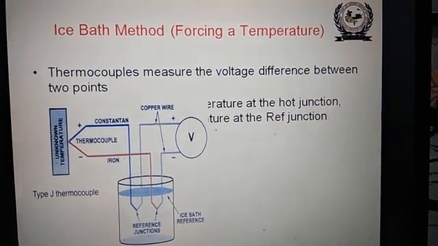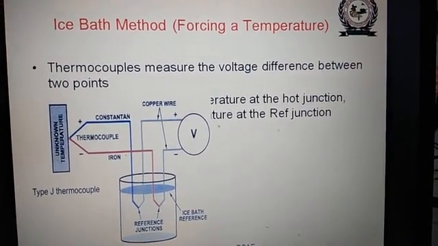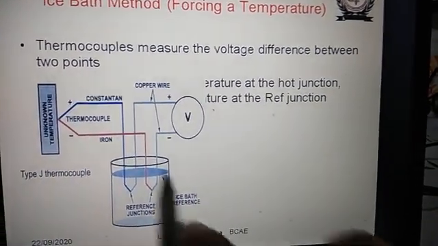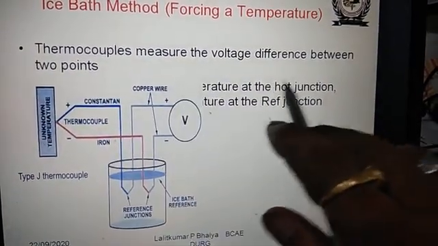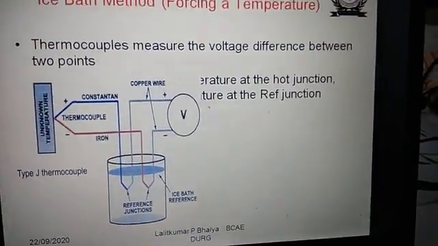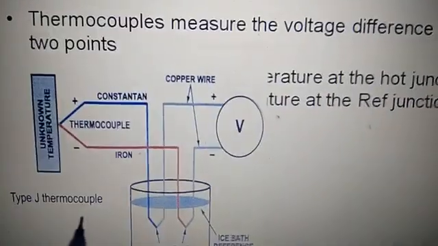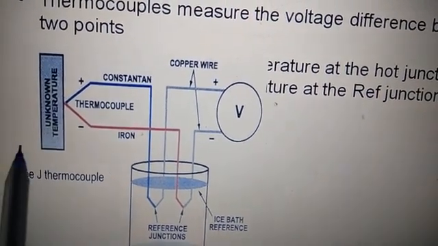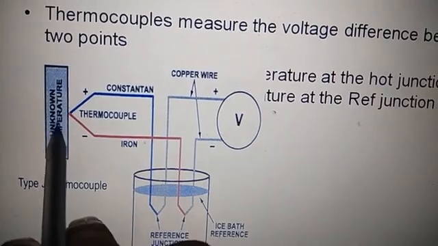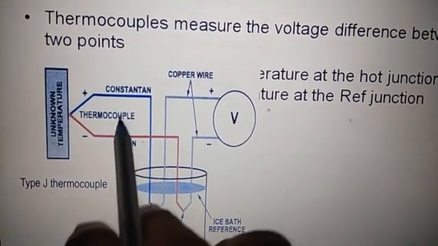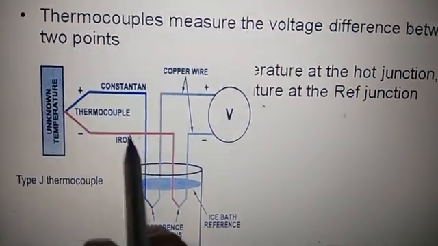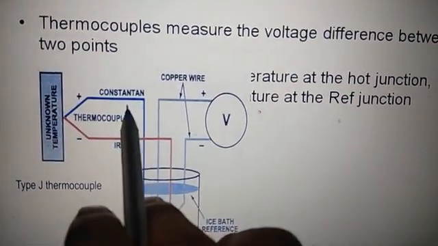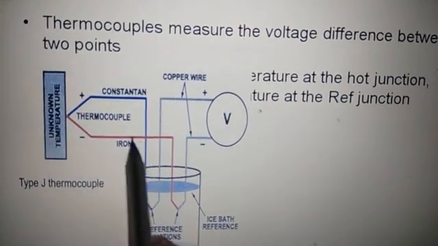This is one of the methods, called the ice bath method, for forcing a reference temperature. Thermocouples measure the voltage difference between two points. You can see here this is the unknown temperature. This is the thermocouple having this metal and another metal, iron and constantan, and this is iron.